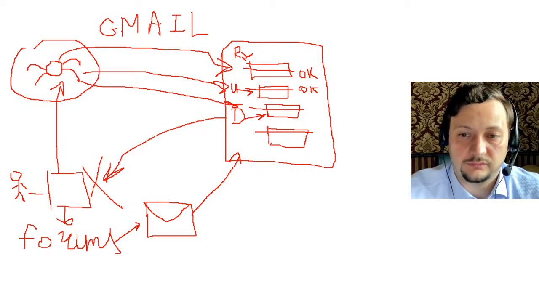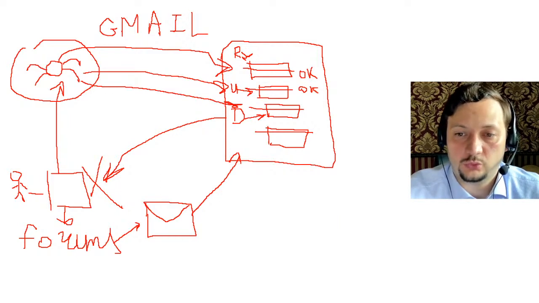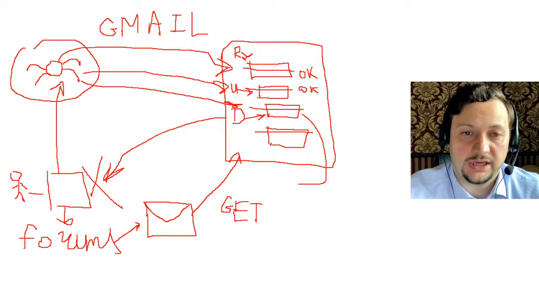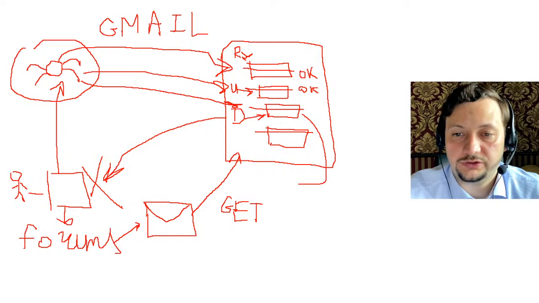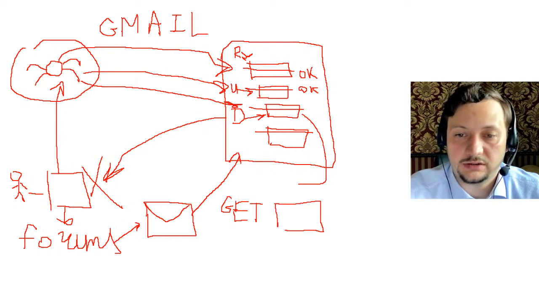This web crawler would invoke the get request to the URL that was provided here, and inside this URL the action would be delete.